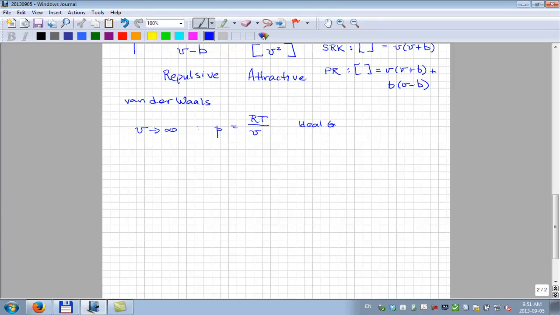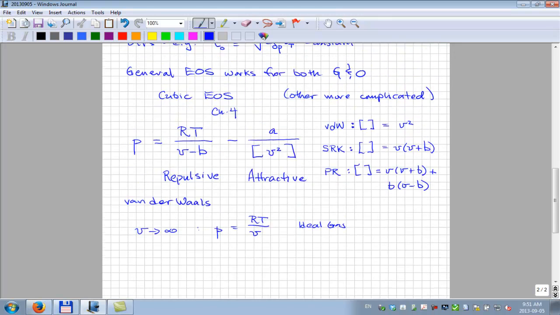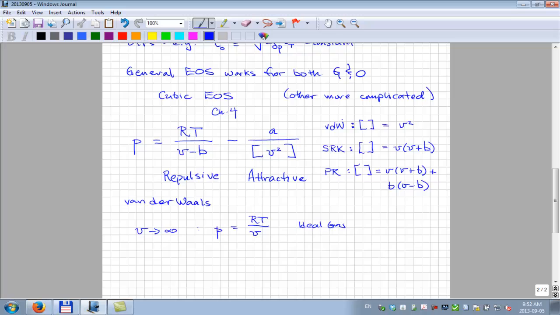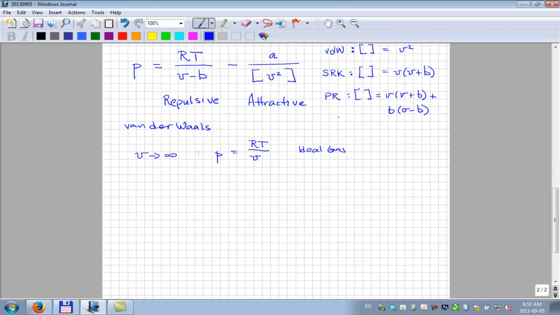Okay. Any questions about this? Yeah, maybe one question. You said the B parameter means the size of the molecules per mole, right?